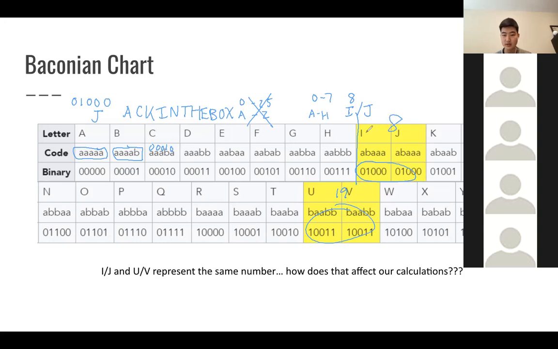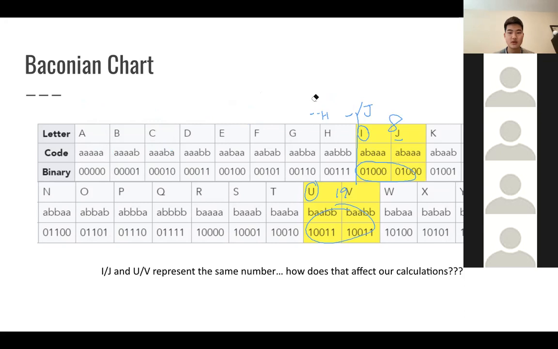You can make the assumption that all 8s are I, because I is a lot more common than J. You can also do the same with U, but it becomes dangerous if you do it too much. You could also go back and read through your quote and see if you made a mistake, which is generally what I do. I might have to take a screenshot of this chart so we have an easier time later.